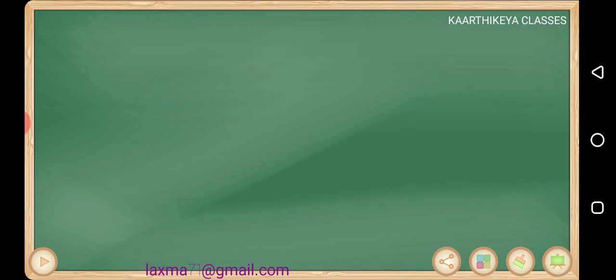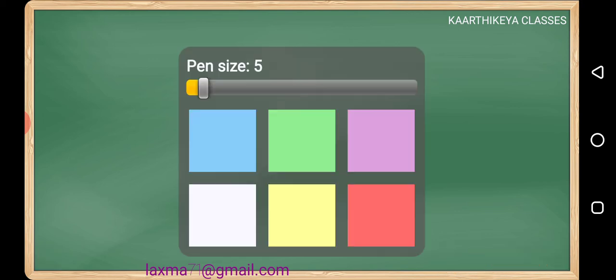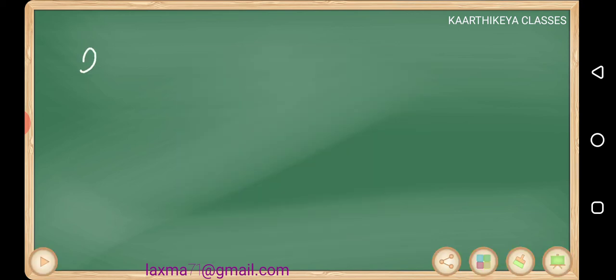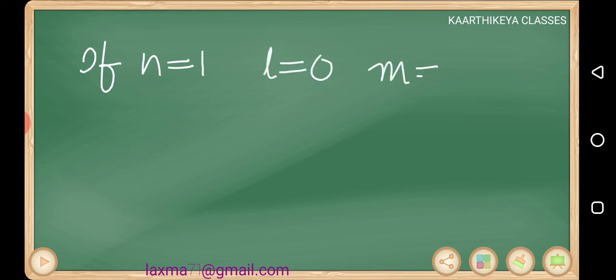We'll see a few examples, then it will be easy for you. If n is equal to 1, L is equal to 0, then m must be 0. If n is equal to 2, L may be 0 or 1.